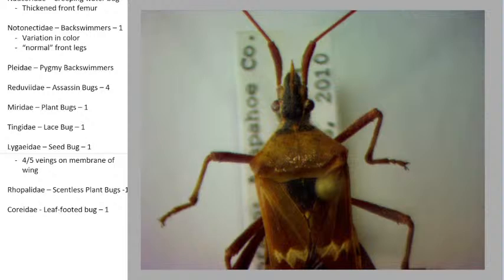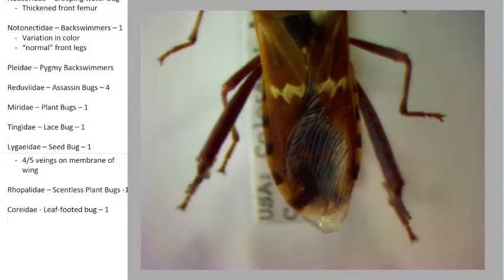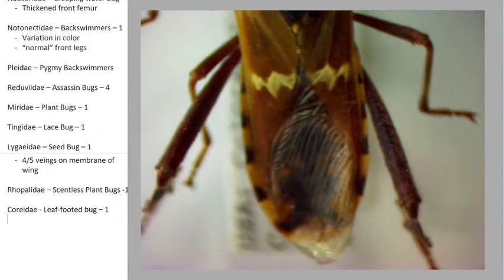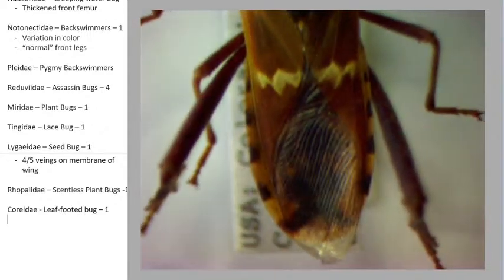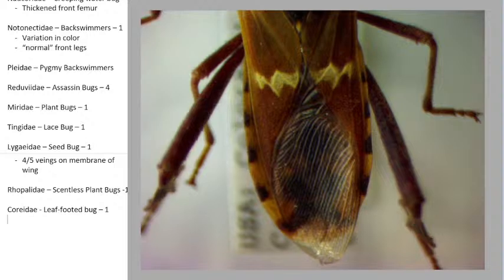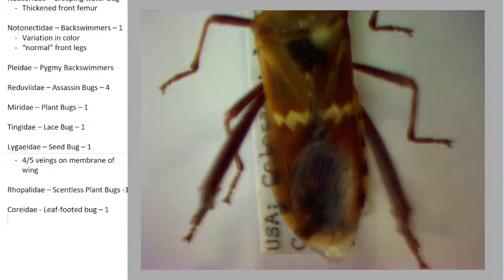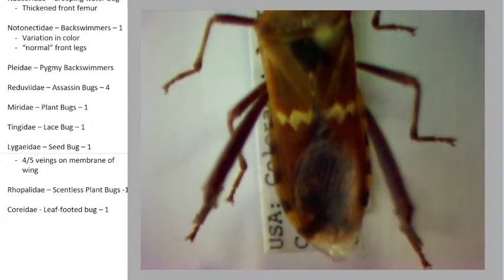And if we look at the hind wings again, he's one of those insects with lots of individual veins on the hemielytra. We call them hemielytra because they're kind of like half elytra.